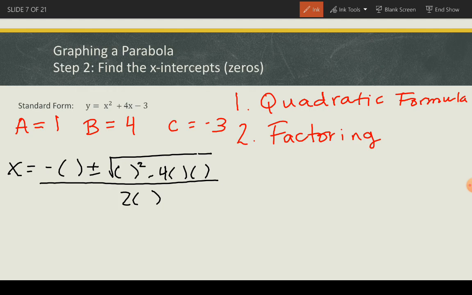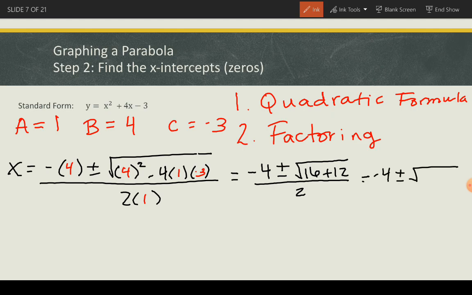So negative b, so negative 4, and then b squared minus 4 times a times c, all over 2 times a. Let's go ahead and simplify. So we'll have negative 4 plus or minus the square root of 16 plus 12, all over 2. And this is negative 4 plus or minus the square root of 28, all over 2.